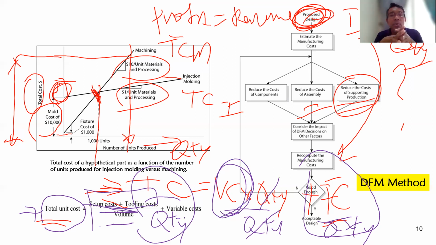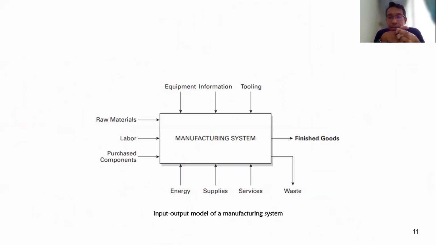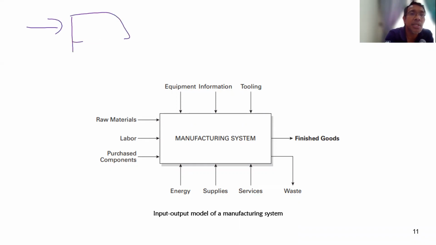So this is how you can predict and estimate to reduce the cost for components, assembly, and support cost for the production. Based on this, you can always use the simple input-output model for a manufacturing system. I think you still remember this process in manufacturing.